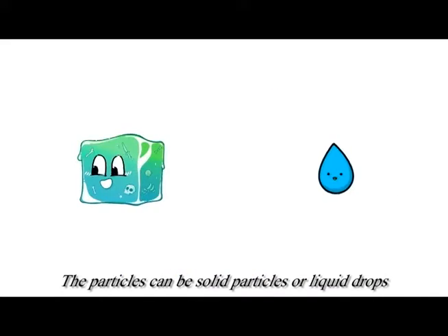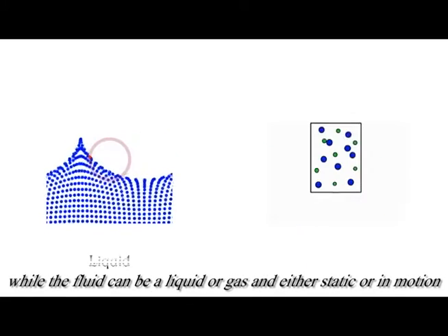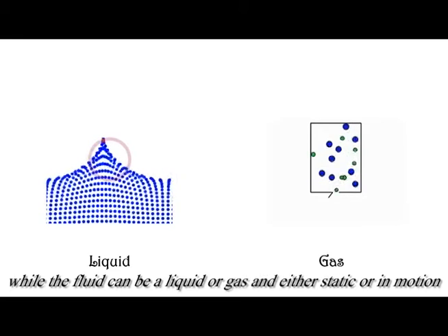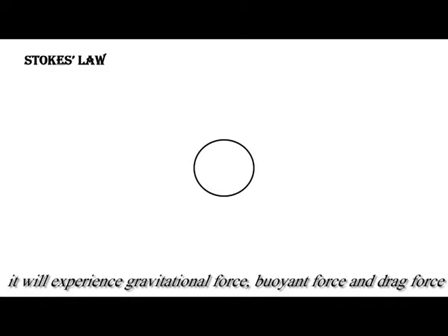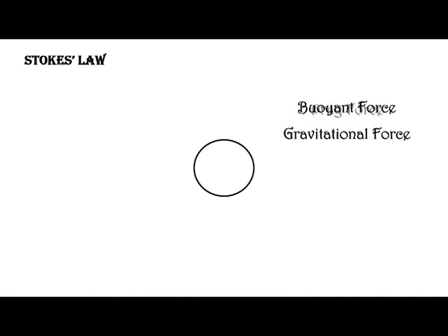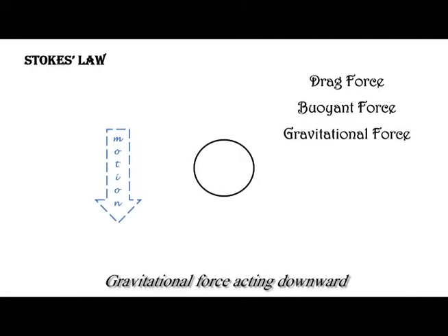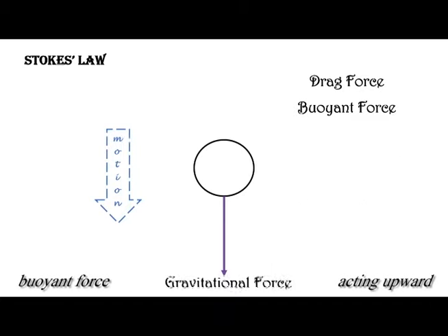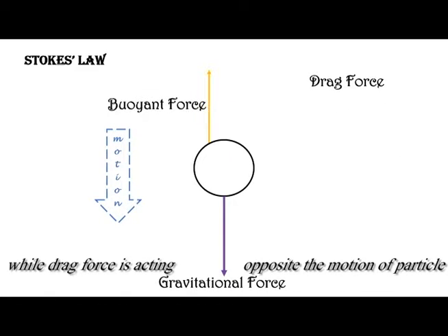The particles can be solid particles or liquid drops, while the fluid can be a liquid or gas, and either static or in motion. According to Stokes' law, when a particle with mass m passes through a fluid, it will experience gravitational force, buoyant force, and drag force. Gravitational force acts downwards, buoyant force acts upwards, while drag force acts opposite to the motion of the particle.